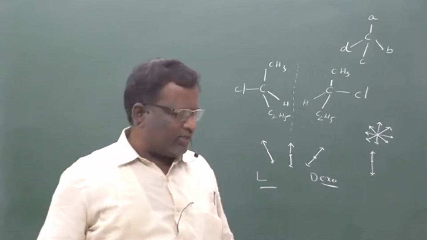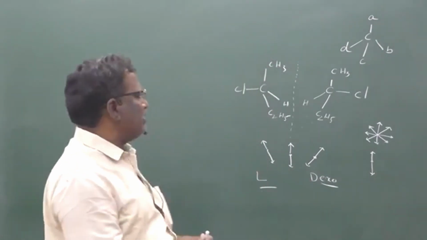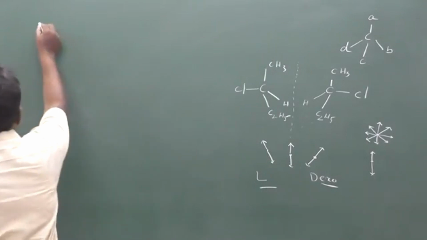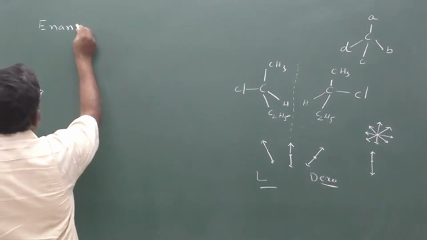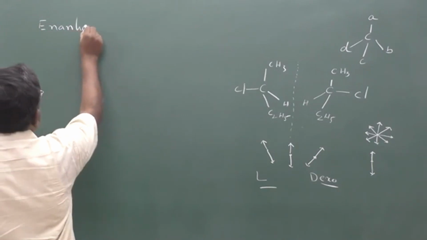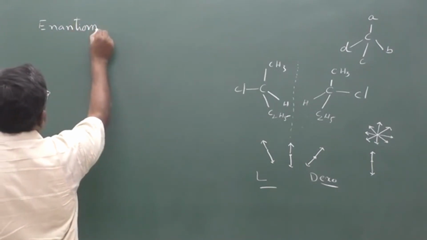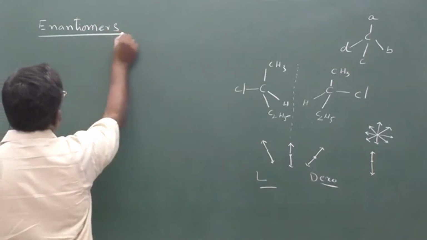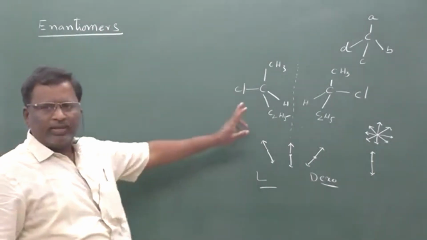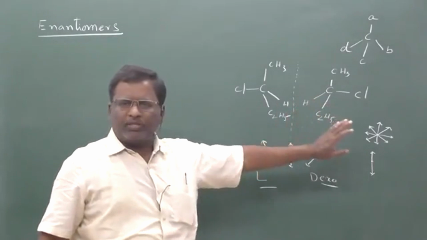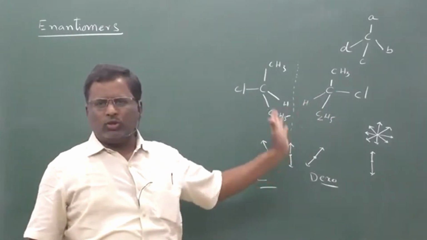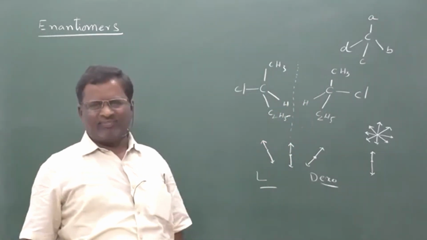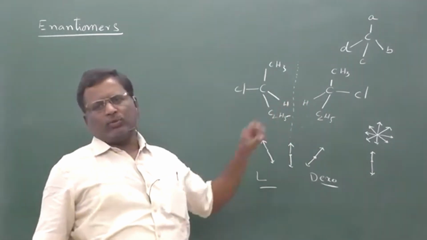So they will ask in the examination like this, what are enantiomers? This is one question that you are going to get in the examination. Enantiomers means two optically active isomers which are mirror images of each other and not superimposable.